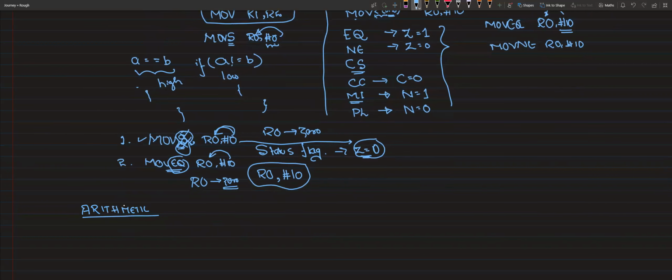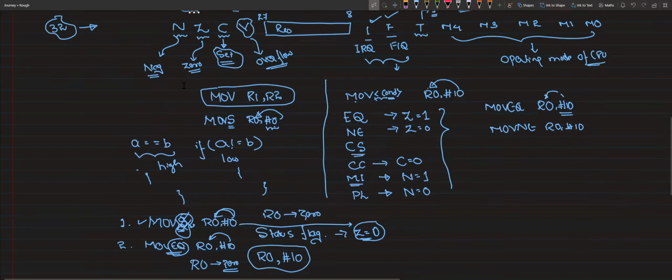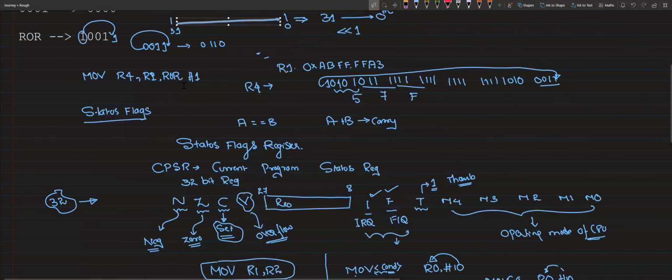In arithmetic, we have add. The rotation part we saw, right? Rotate right, ROR. We didn't solve many sums on that. We were back to this move thing, so I just felt like we skipped it. I thought it would be a lot bigger than just that much.